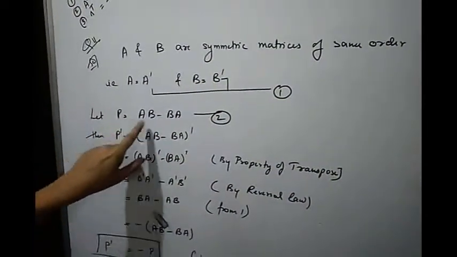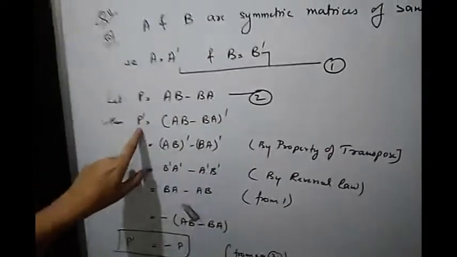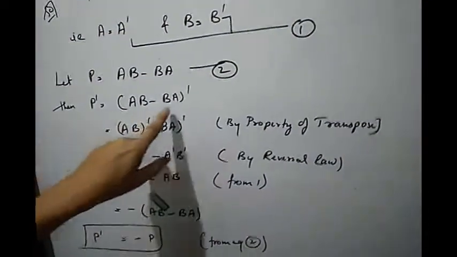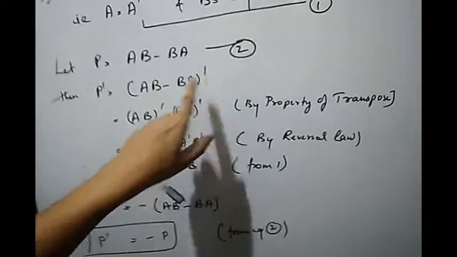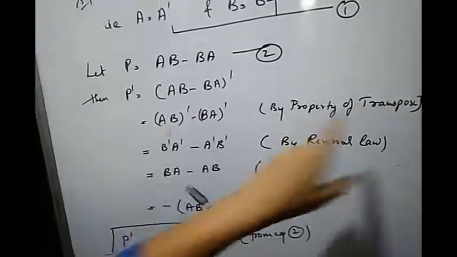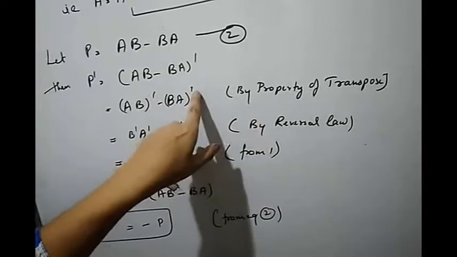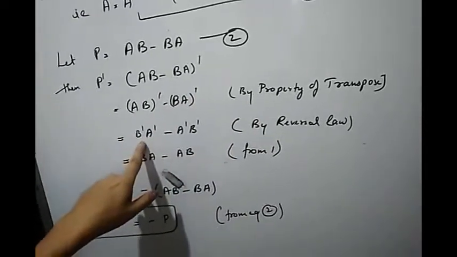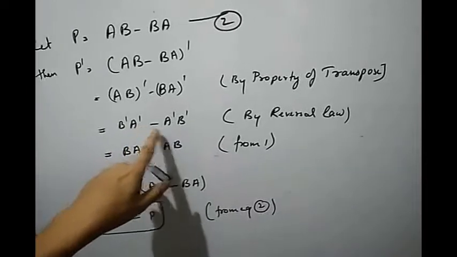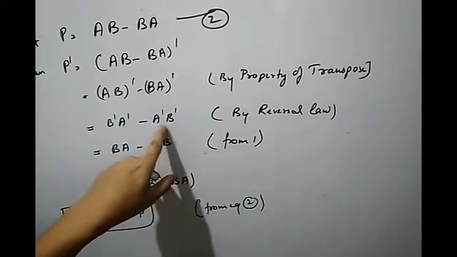Let P be equal to AB minus BA. Then P transpose will be equal to (AB minus BA) the whole transpose. Now using the property of transpose, (AB) transpose minus (BA) transpose, that is B transpose A transpose minus A transpose B transpose.